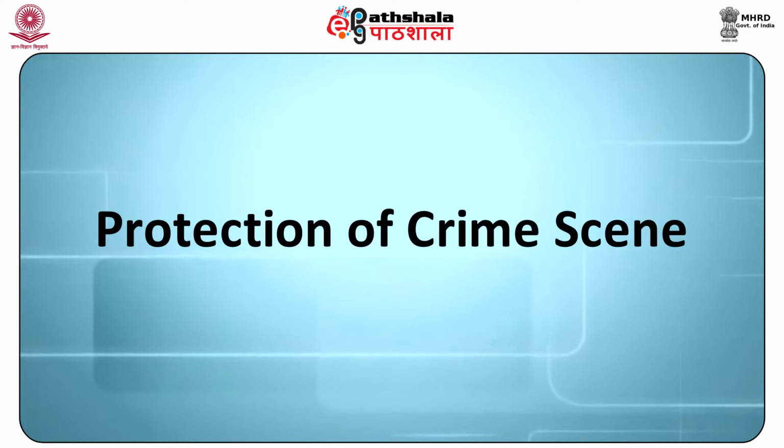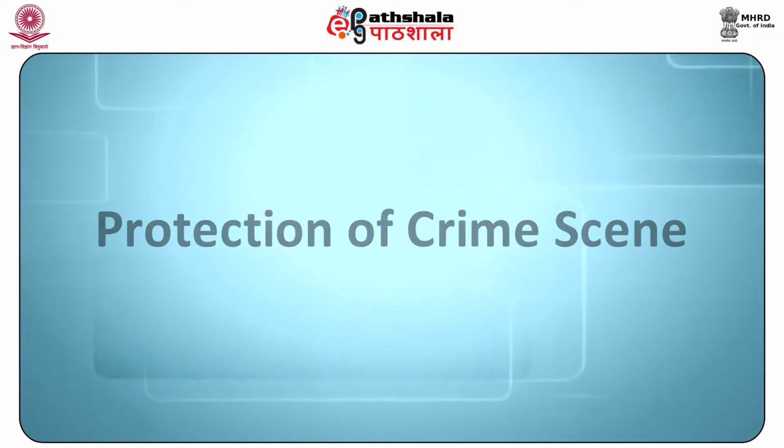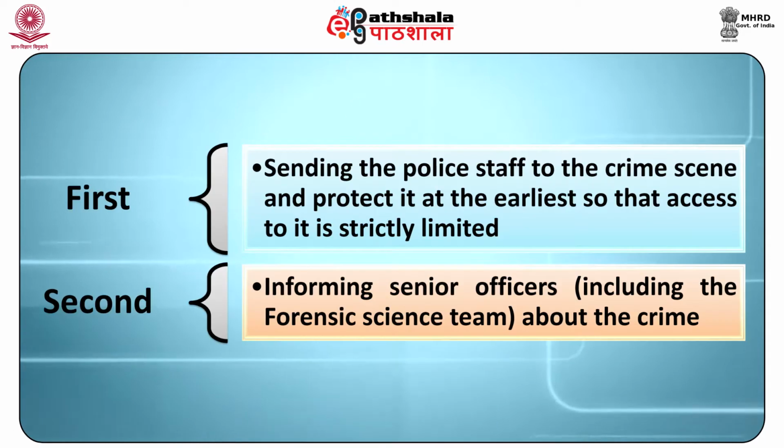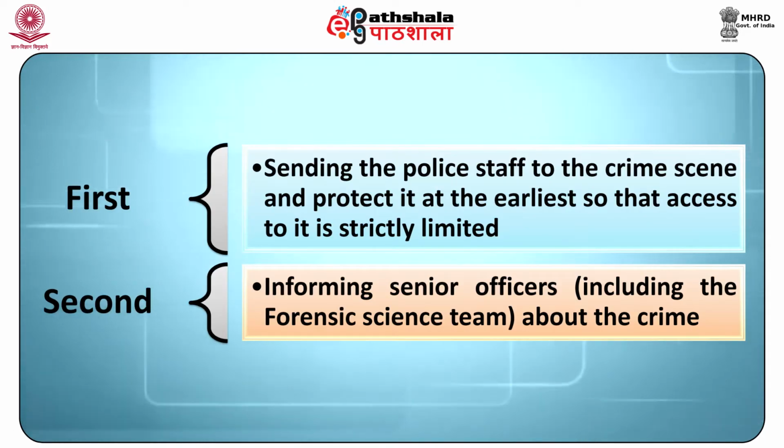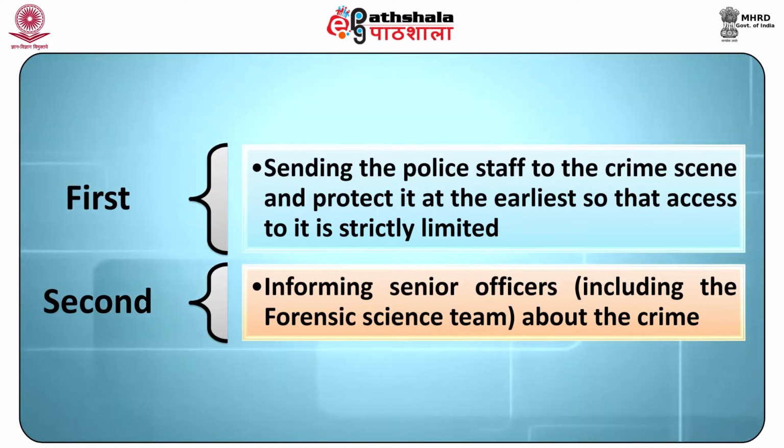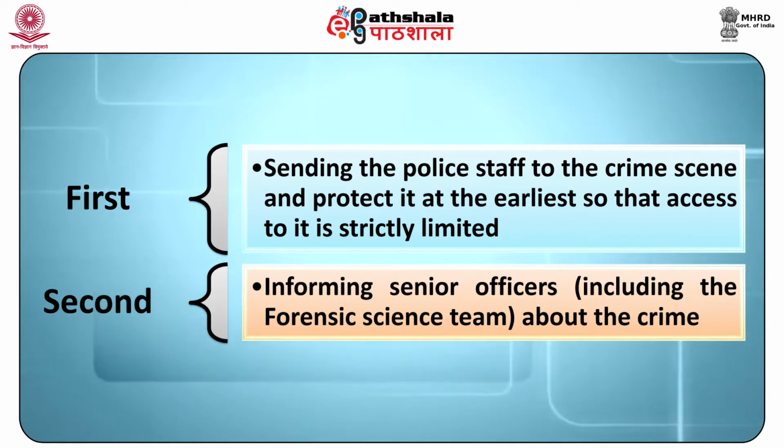Now, let us go through the protection of the crime scene. As soon as the information reaches the police station, the police have to perform two important duties. First, sending the police staff to the crime scene and protecting it at the earliest so that access to it is strictly limited.